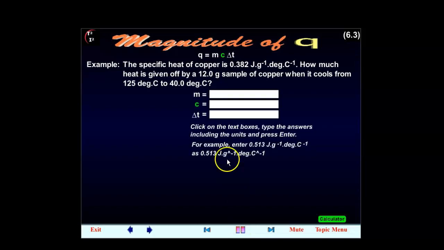All right, here you need to supply your answers to what is your mass, what is your C, what is your delta T from the question. I'll give you 10 seconds, or you can also pause this video if you're watching it at your own time to supply these answers before you step forward.